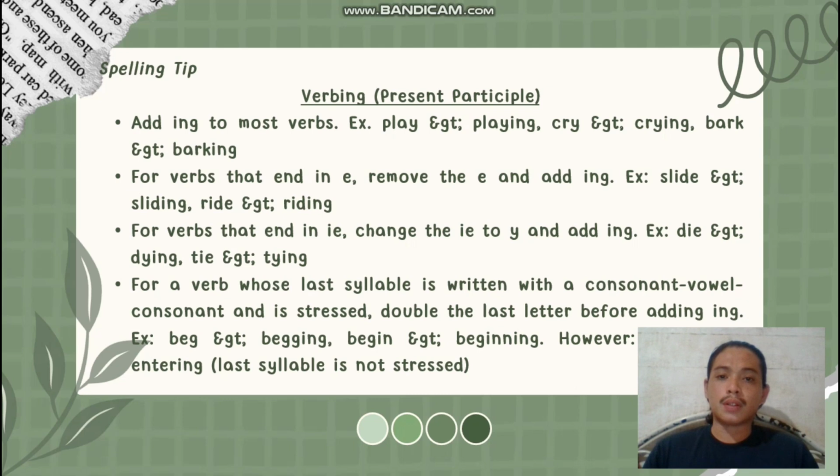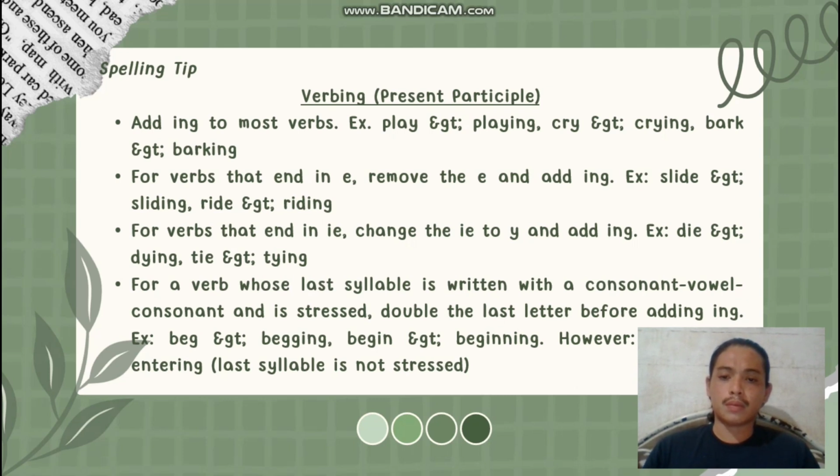Add ing to most verbs. Example: play, playing, cry, crying, bark, barking. For verbs that end in e, remove the e and add ing: slide, sliding, ride, riding. For verbs that end in ie, change the ie to y and add ing: die, dying, tie, tying.